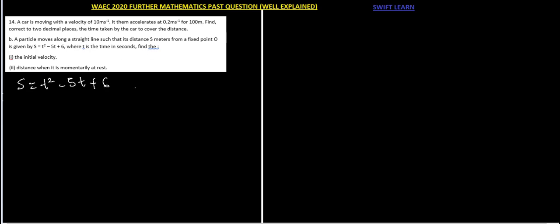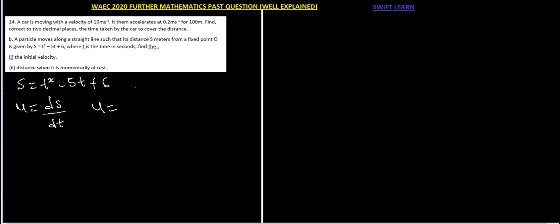To get the initial velocity is like the velocity of the body when time is 0. So first let's get the velocity. Remember that velocity is also equal to the differential of distance with respect to time.